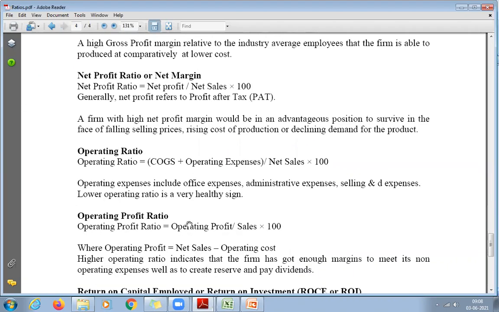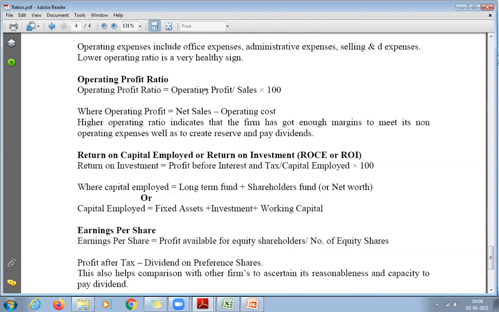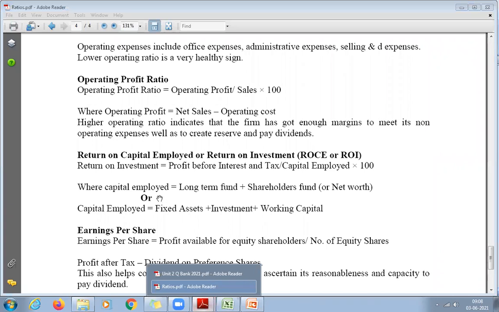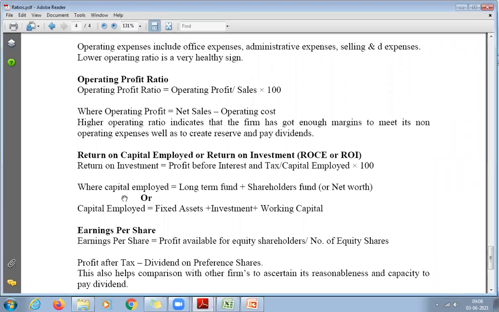So what is the formula, students? It is profit before interest and tax divided by capital employed into 100. And what is profit before interest and tax? He has given us directly in the question. And then he is asking us to calculate capital employed.